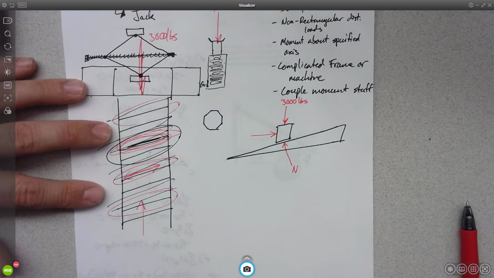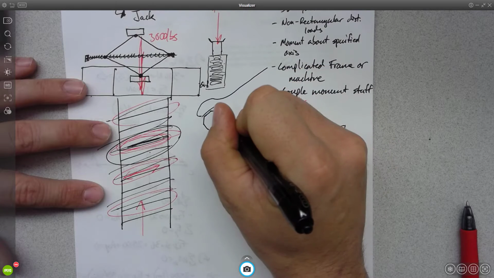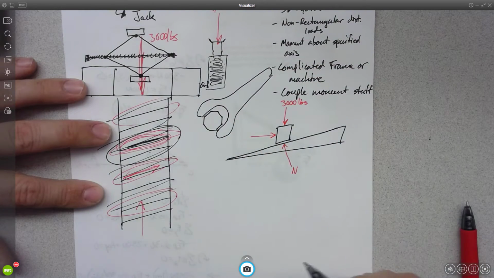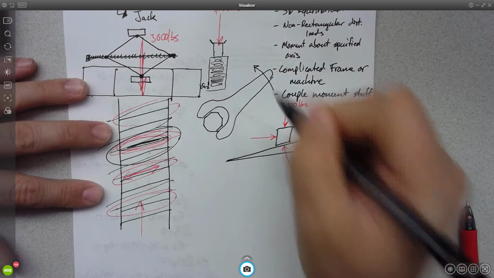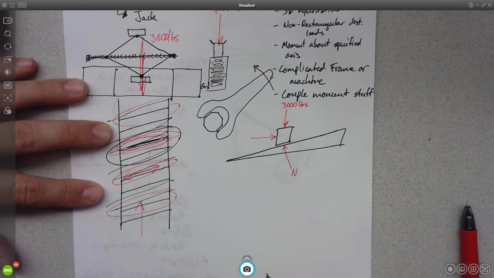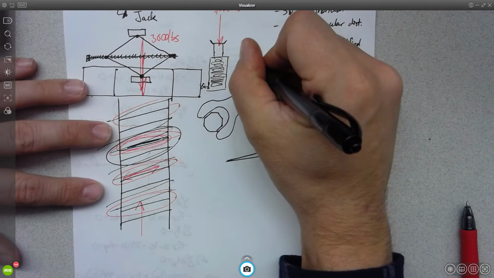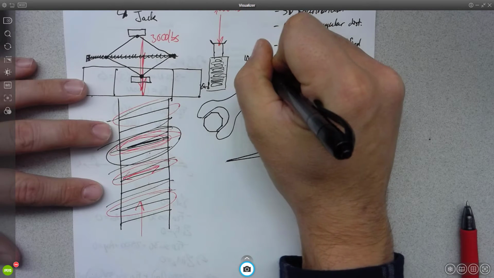I drew an octagon instead of a hexagon, but if this is a bolt, and I stick a wrench on it, okay? And I'm trying to bring this bolt towards me, so I'm going to pull it in that direction. I apply some torque, right? And that torque, maybe we'll say, I ate my Wheaties this morning, 100 foot-pounds.